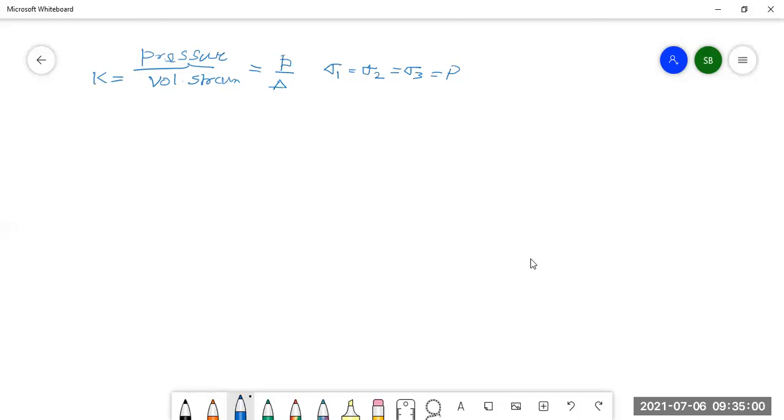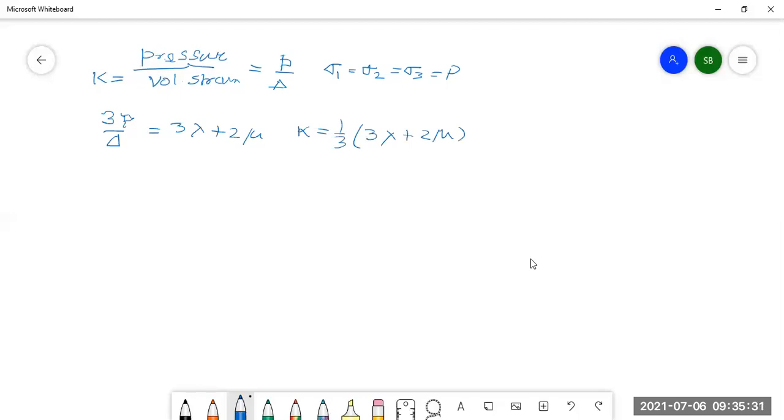Then what will happen? 3P divided by delta is equal to 3 into lambda plus 2 into mu itself, which is equal to K. P by delta is equal to K, so K is equal to 1/3 of 3 into lambda plus 2 into mu itself.